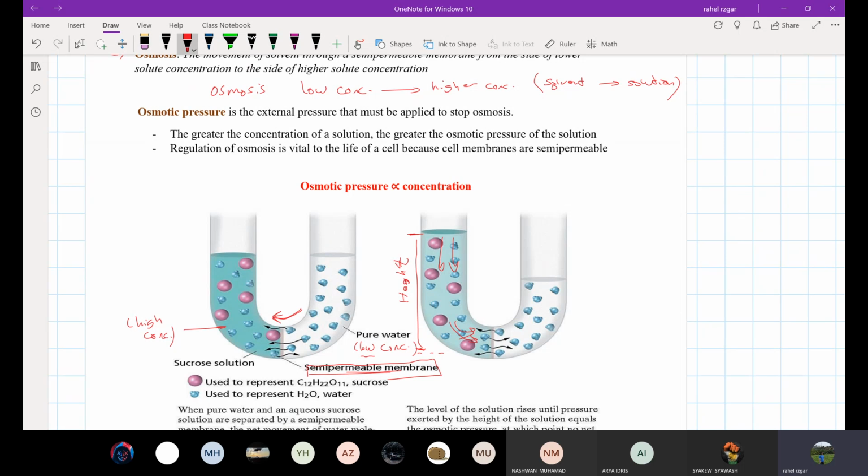Because the height is so much that it will apply a pressure on this membrane, and it makes the transfer of water molecules to the solvent molecules to be equal. If one molecule enters the left side, one molecule enters the right side. Why? Right now, we have pressure and we have more free water particles, solvent particles.